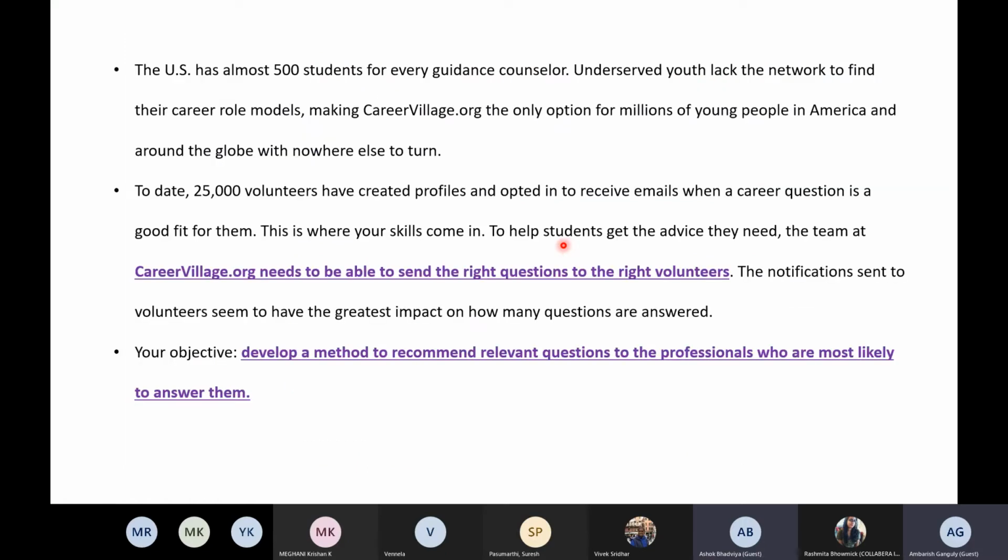So here is a prelude of what we have discussed, and what the Kaggle competition was: to develop a method to recommend relevant questions to the professionals who are most likely to answer them. What I have done is utilize the data set, but I've changed the problem statement a bit.